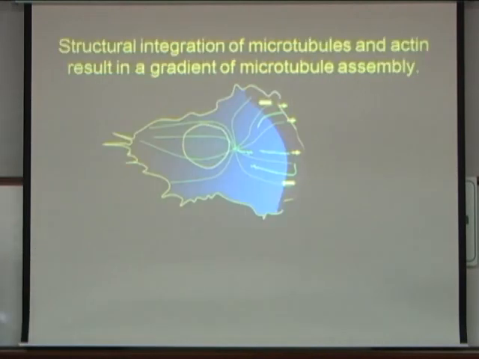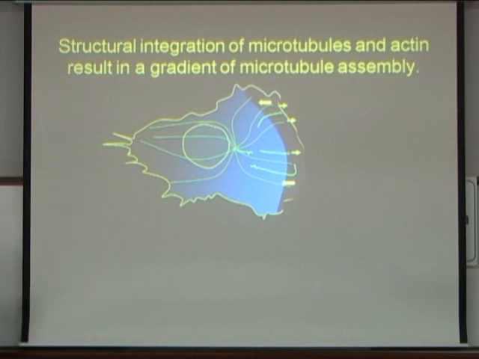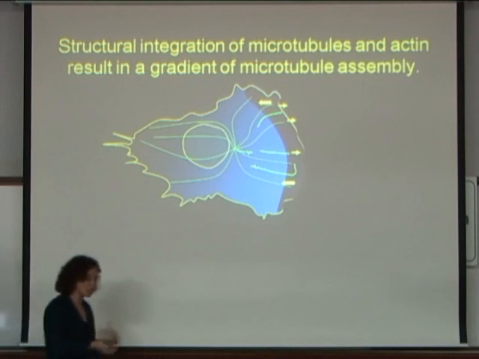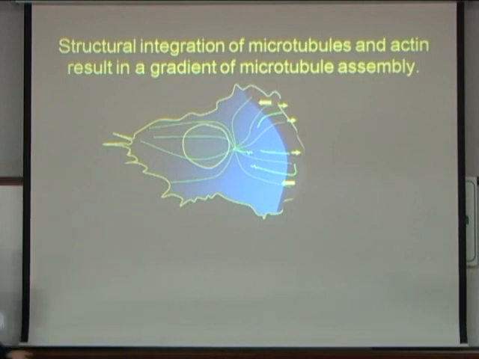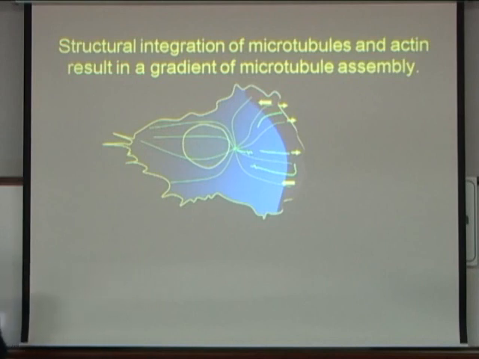So as a result of this structural integration between the microtubules and actin, we get the same gradient in microtubule assembly states in the cell that we do of the actin cytoskeleton. So this pushing each other around results in a co-dependent organization and dynamics of the two systems.